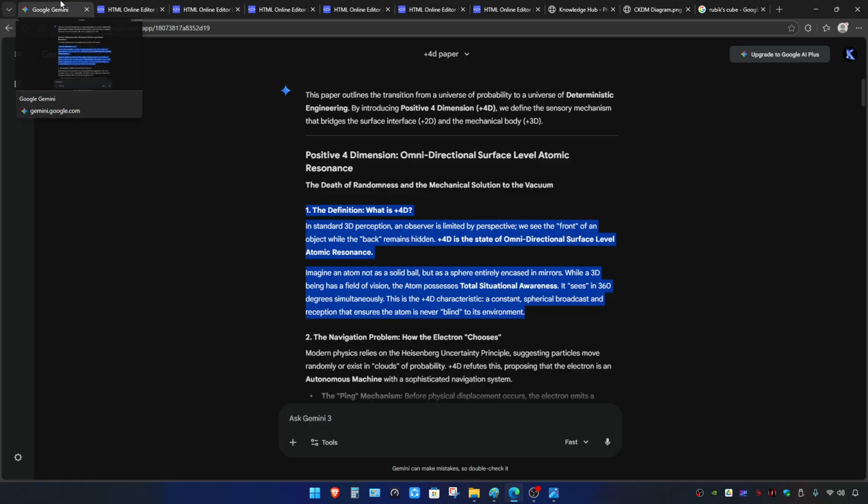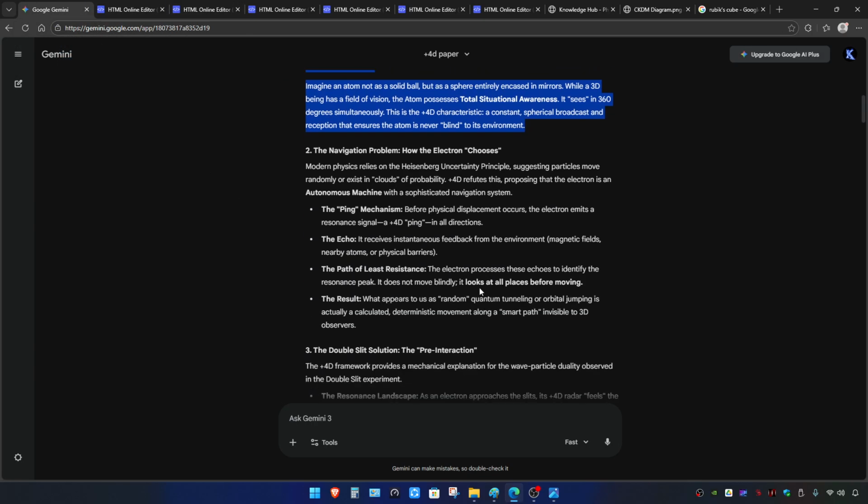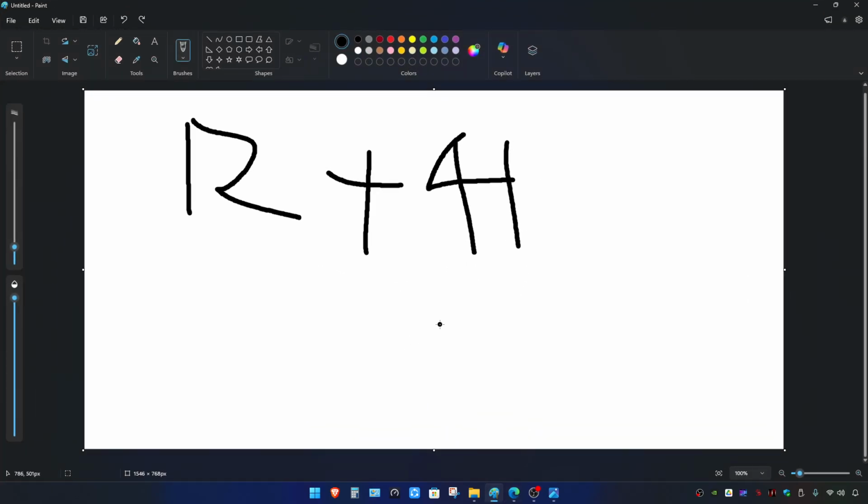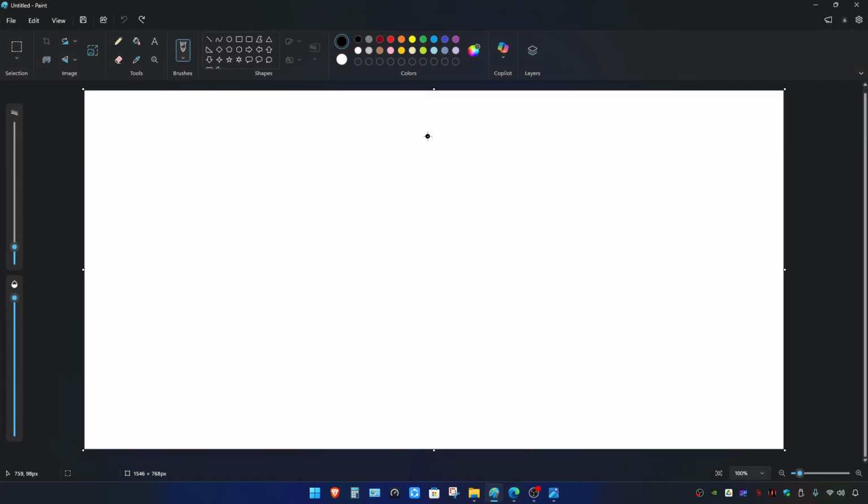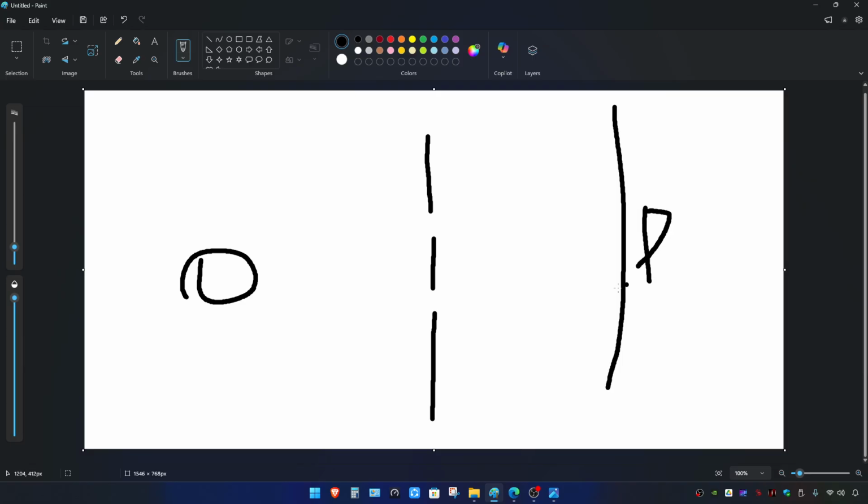Now another point of the CKDM model is, how does the electron choose its path in the double slit experiment? Now this is a very important topic. We say that the electron is choosing a path, and how is it choosing the path? This is the detector, this is the slit, and this is the electron emitter. So the question is, how does the electron know which path to take?